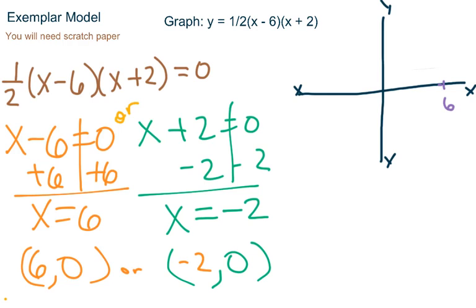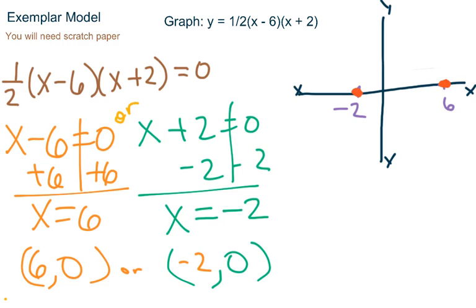Okay? And I'm going to plot a point at 6, 0. Then my other x-intercept is negative 2, 0. Negative 2 is on the opposite side of the x-axis, so I'm going to say that it's right here. And then I'm going to plot that point.